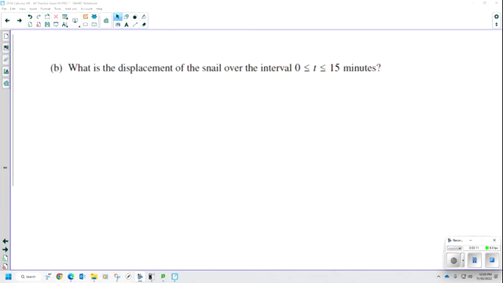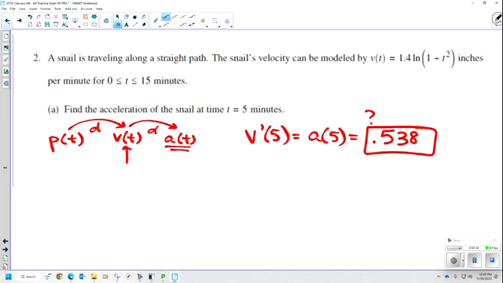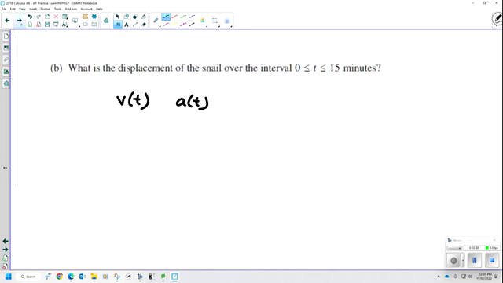B, what is the displacement of the snail over the interval from 0 to 15 minutes? Now, displacement talks about position, where it started and where it ended. It's really the area under the curve of velocity. We have inches per minute. So why don't I explain it this way?